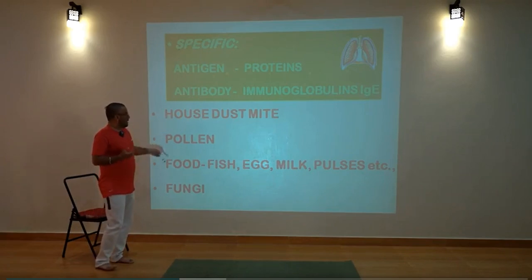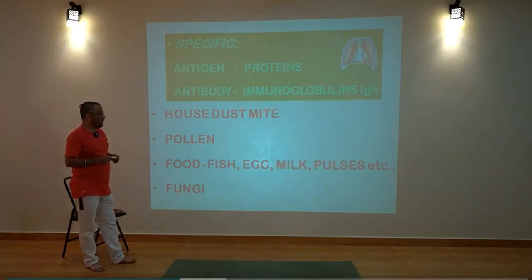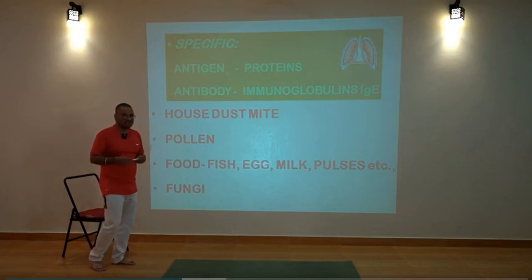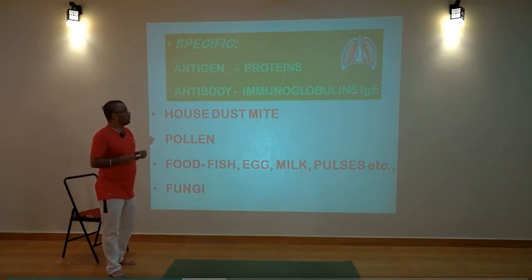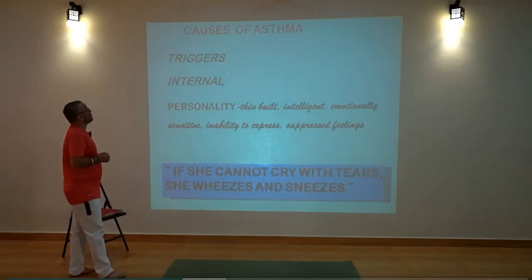House dust mite, sometimes pollen, food like fish, egg, milk and pulses, and sometimes fungi, that is fungus. So the specific ones are antigens, proteins, antibodies and immunoglobulins, house dust mite, pollen, food like fish, egg, milk, pulses, etc., and the fungi. So move to the next one after this.